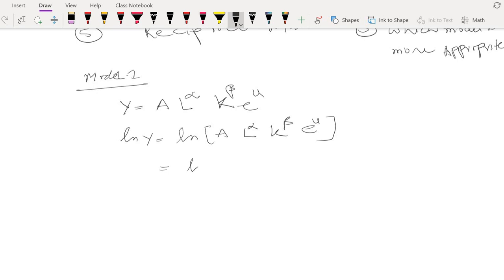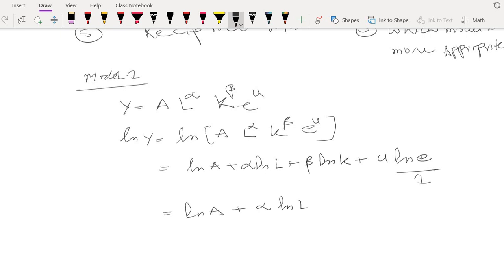So it will become log of A plus alpha times log of L plus beta times log of K plus ln of e to the power u, and you know ln of e is equal to 1.